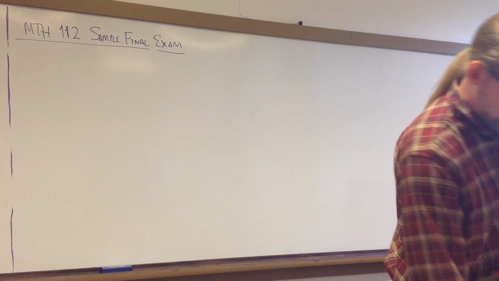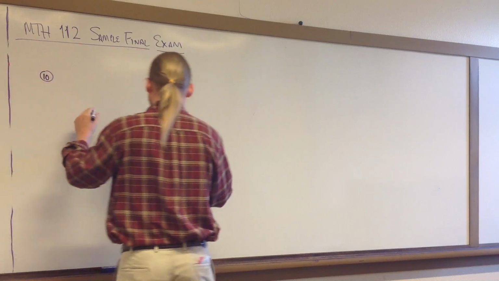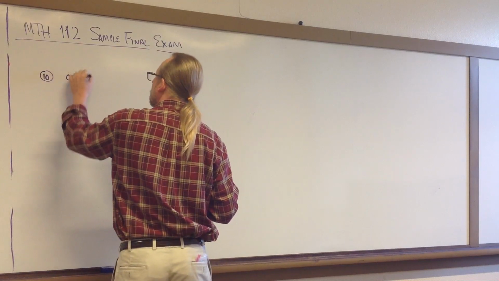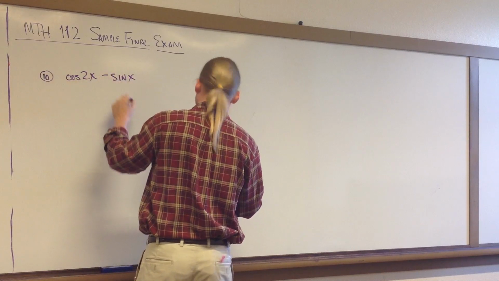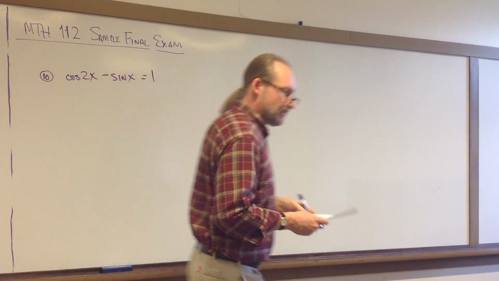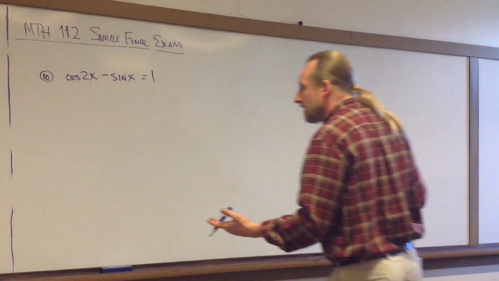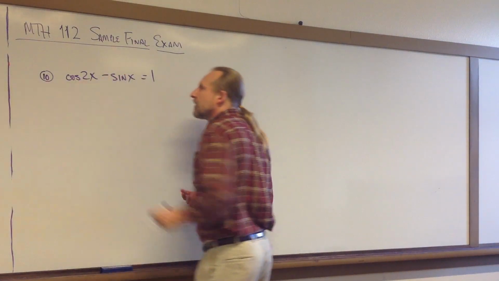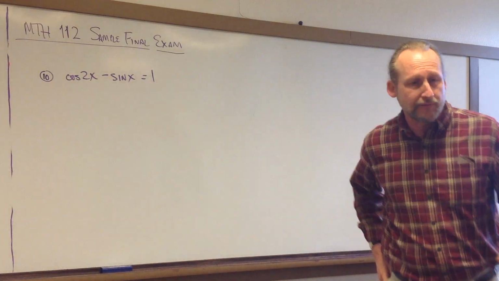Problem 10. Cosine 2x minus sine x equals 1. Okay, so the idea here is that we're going to have an identity that's going to allow us to replace cosine 2x with something else that can help us to solve this equation.